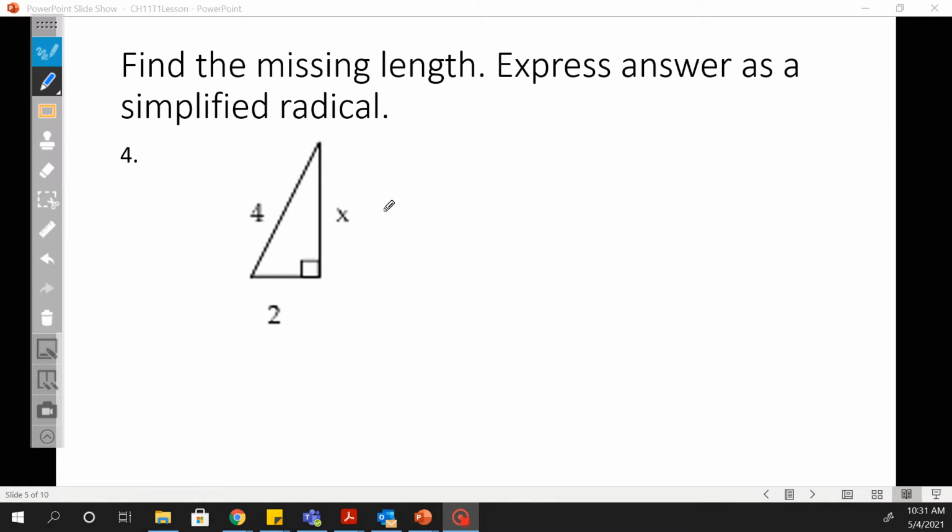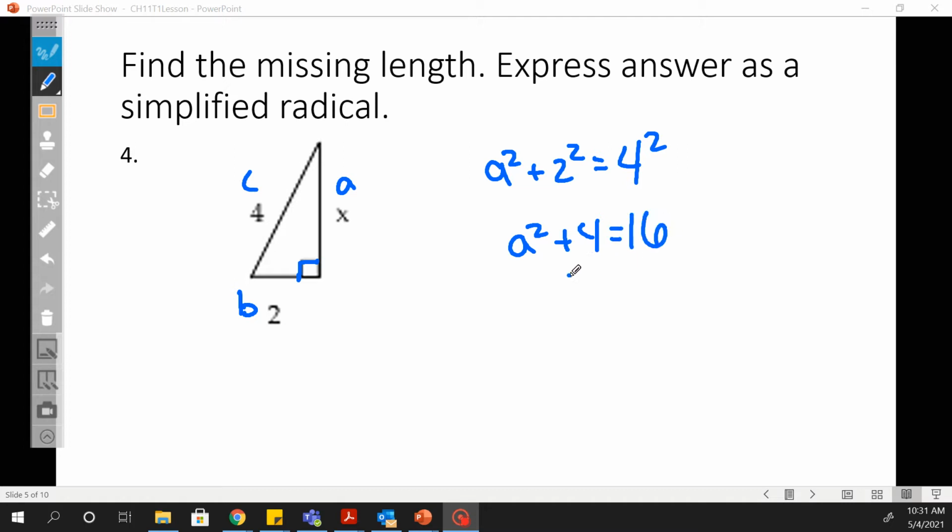Find the missing length expressed as a simplified radical. This is a right triangle with our right angle right here. So we have A, in this case it's X, we have B, and we have C. So A squared plus B squared is equal to C squared. So a squared plus 4 is equal to 16.